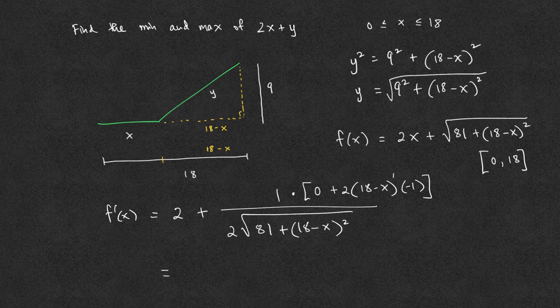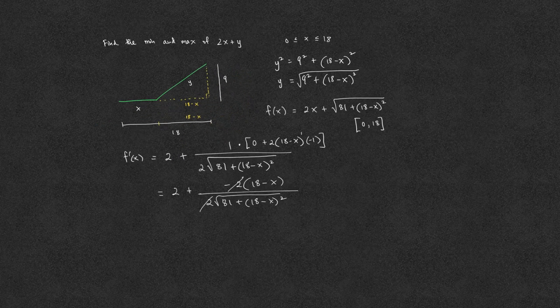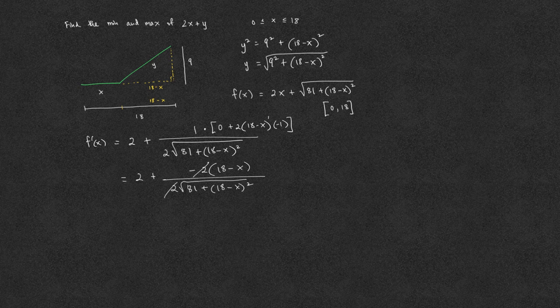Simplifying this, we have 2 plus negative 2 times (18 minus x) over 2 times the square root of 81 plus (18 minus x) squared, and the 2 cancels out. We then set this derivative equal to 0 and solve for x.